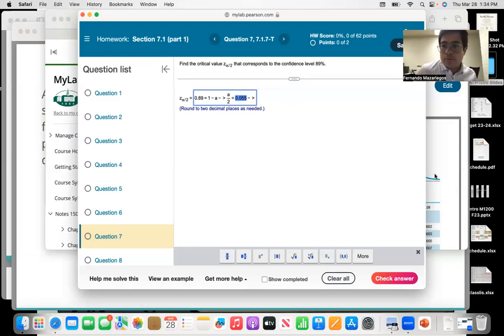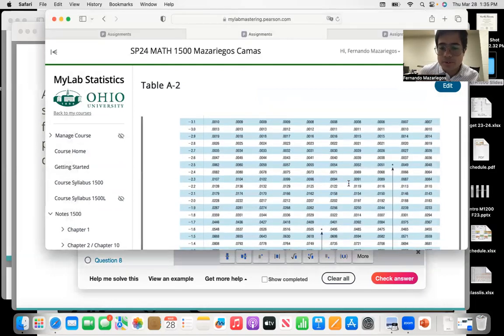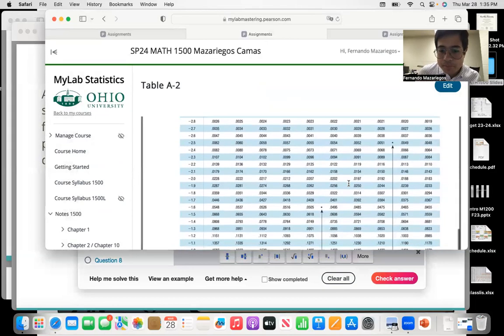So let's go to our table A2. Look for the closest number to 0.055. It should be right here. I believe this is the closest one. 0.0559. No, 0.0548.